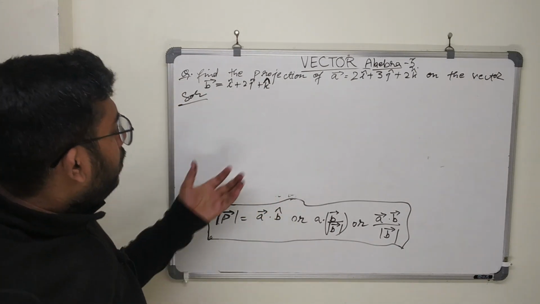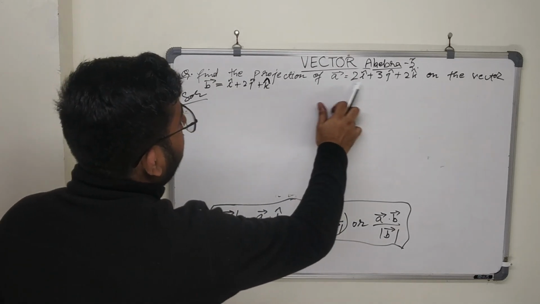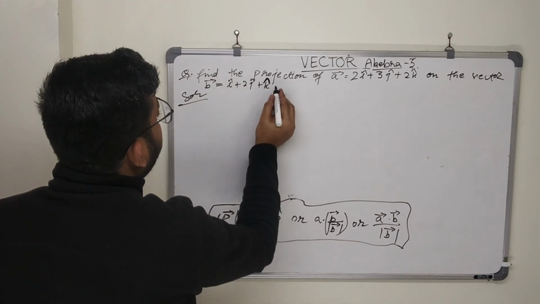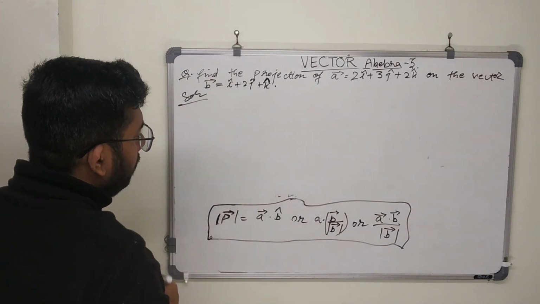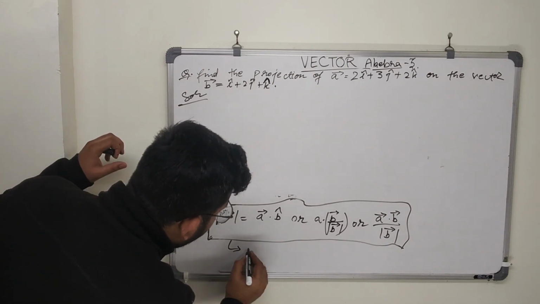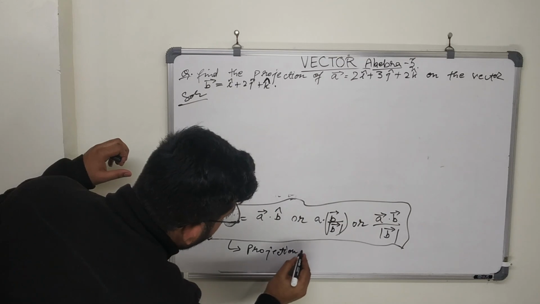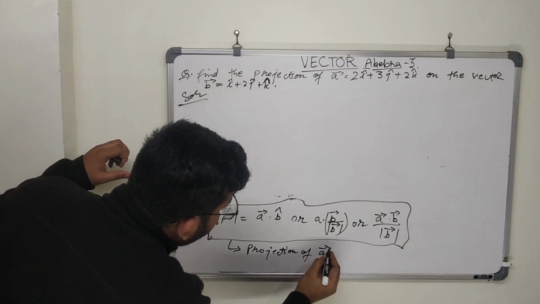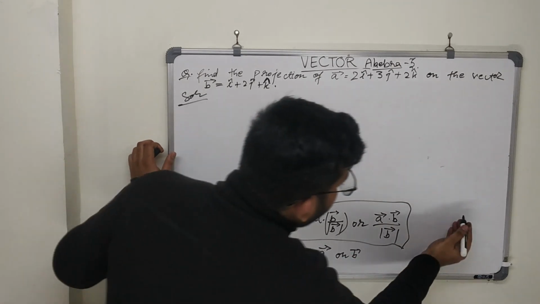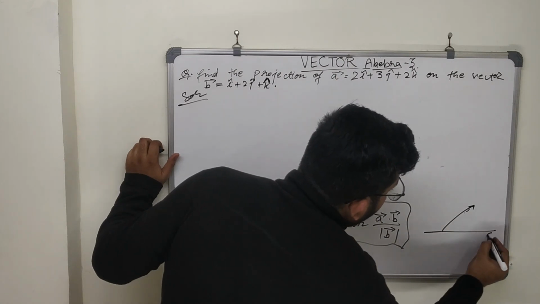Now the first question on the projection of vector, that is find the projection of a vector on the vector b, that is i cap plus 2j cap plus k cap. यहाँ पे आप एक चीज और लिख लीजिए इस फॉर्मूले के नीचे, that this is the projection of a vector on b vector, because we were finding the projection of a vector on b vector.